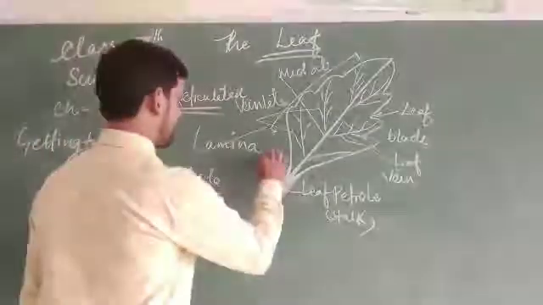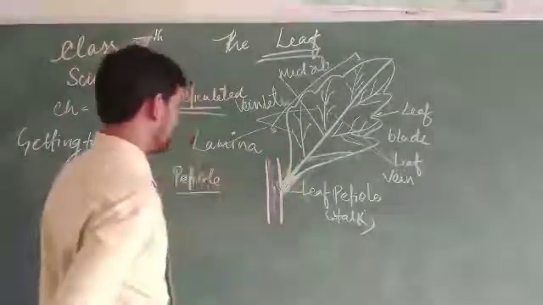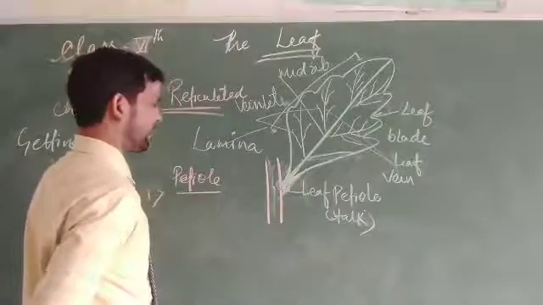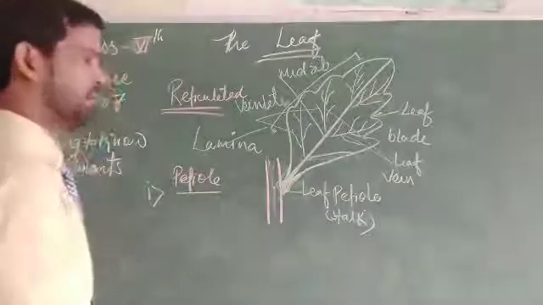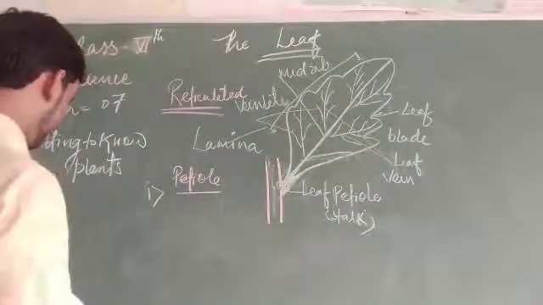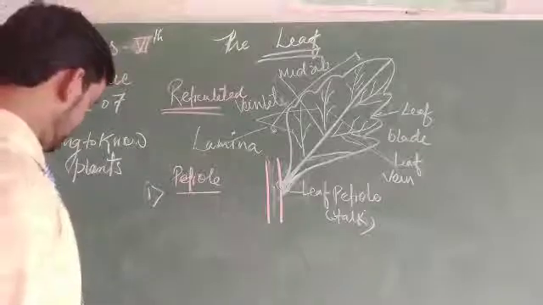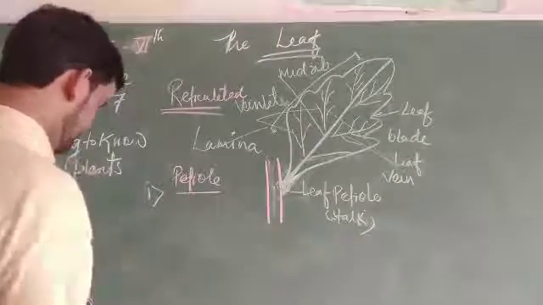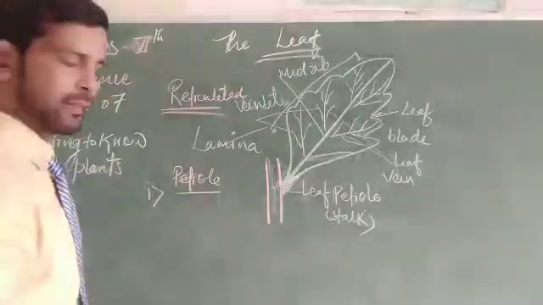Suppose there is a stem, this stem has a petiole on it, and that is part of the leaf. It is attached to the stem with the help of the leaf stalk, which is known as the petiole. यही petiole है जिससे वो जुड़े रहते हैं.